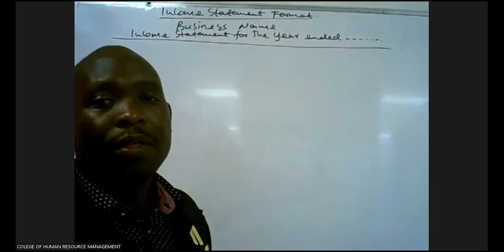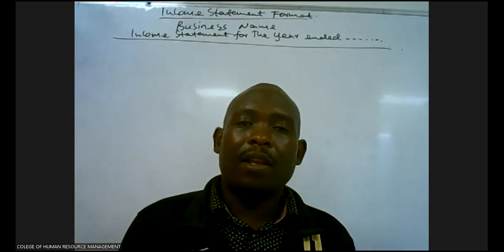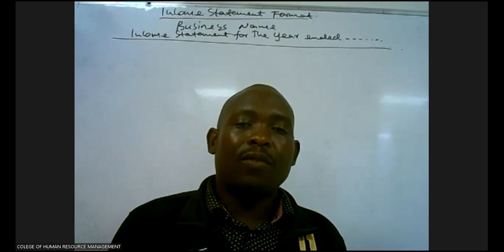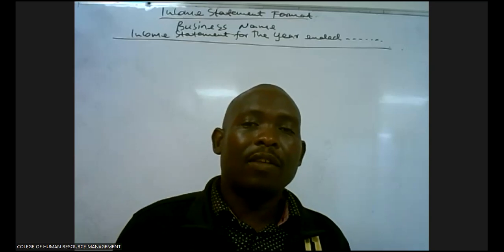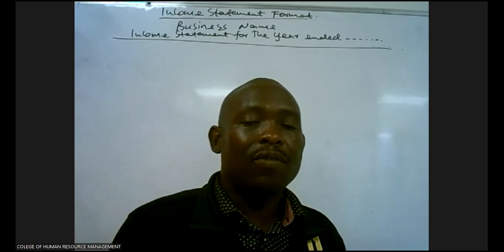Underline your heading. This is not an account, I told you this is a statement. You just underline there. Maybe it is Mwema Traders. The financial year is coming to an end at 31st December 2018. So you write there, Mwema Traders income statement for the year ended 31st December 2018.